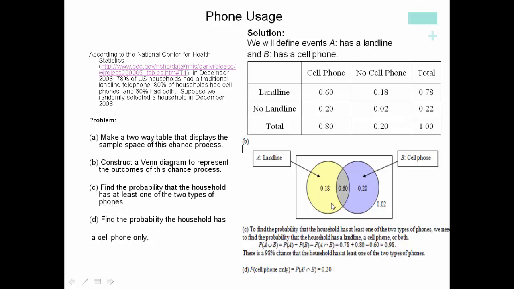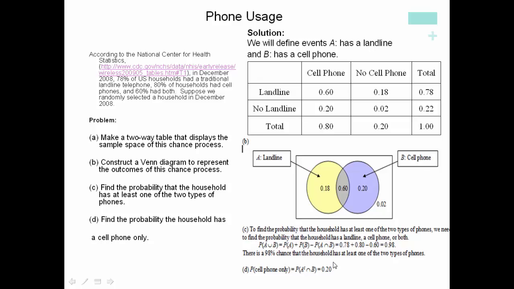So find the probability that the household has at least one of the two types of phones. So we're finding the probability of A union B, which is probability of A plus probability of B minus probability of the intersection. So 0.78 is the probability of landline plus the probability of the cell phone is 0.80 minus the intersection of both was 0.60.